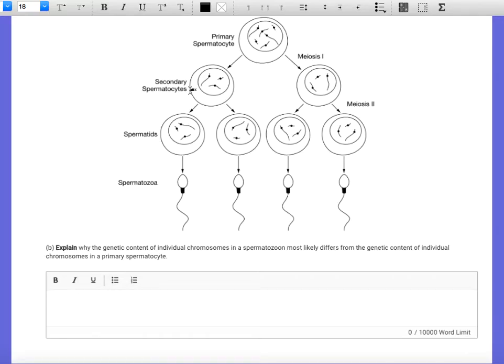Sure, there's independent assortment in meiosis 1, but there is also crossing over. When these line up, as this is getting ready to undergo meiosis 1, say these are chromosome 1, they're going to link up, they're going to synapse, and they're going to exchange random bits of DNA with each other, just at the ends, basically.